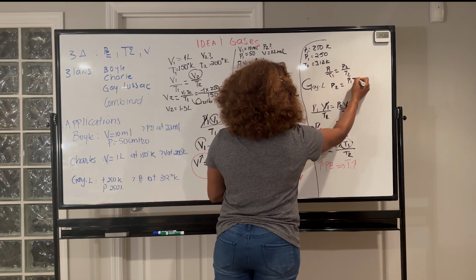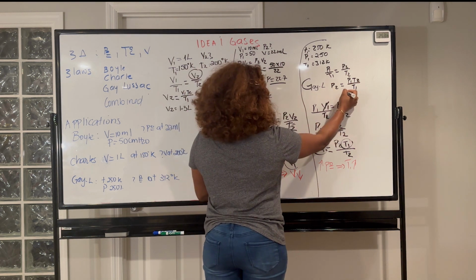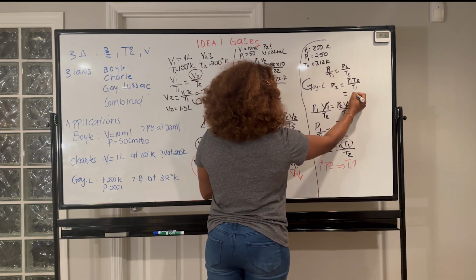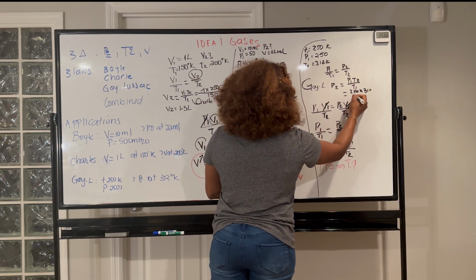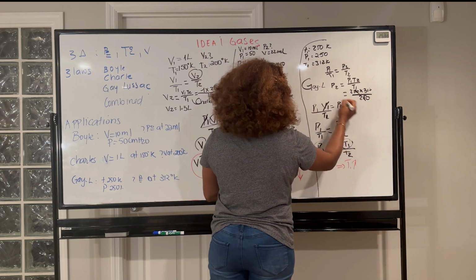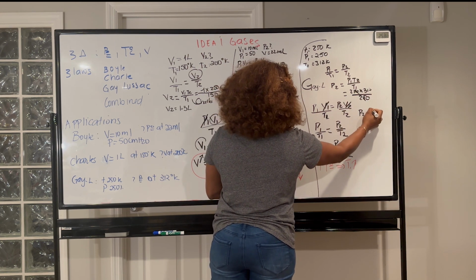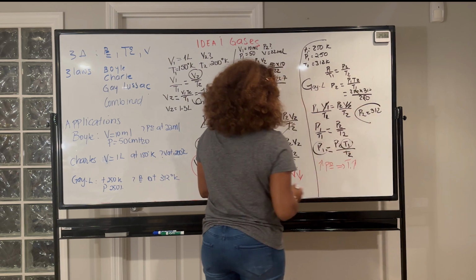P2 equals P1 T2 over T1. Plugging in my variables, T1 and P1 are 250, times 312, over 250. The 250s cancel, so P2 equals 312.